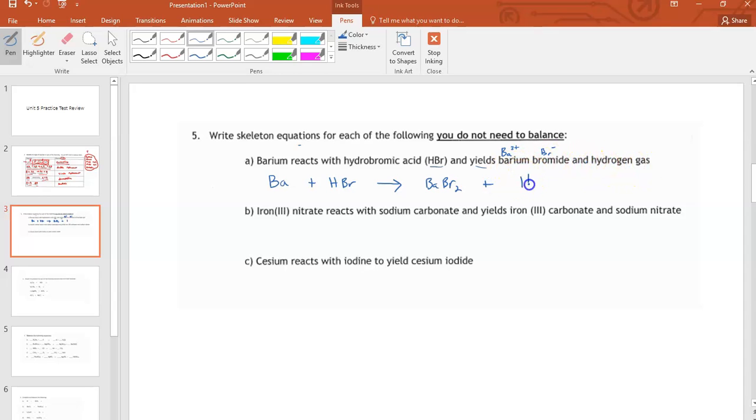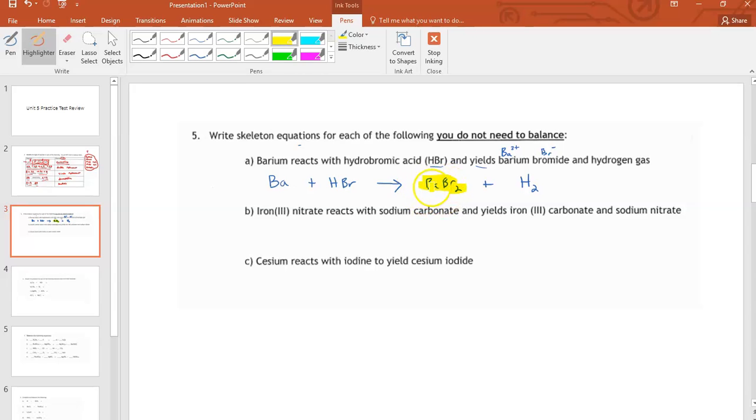And hydrogen, I hope you remember, is one of the 7 Brinkelhoff elements. It is diatomic, which means it gets that little 2 by it when it's by itself.